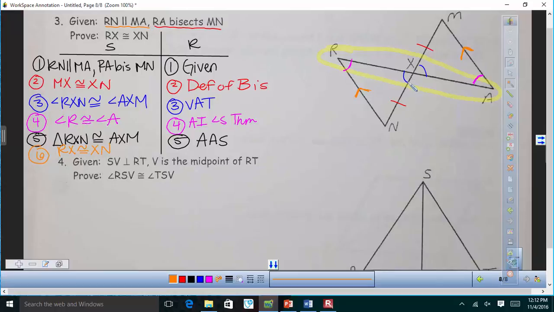So is our X corresponding to... This is supposed to be XA. Because wouldn't that be the corresponding part? RX is corresponding to XA. Sorry for that mistake. And that would be, what's the theorem for that? CPCTC. Very good.